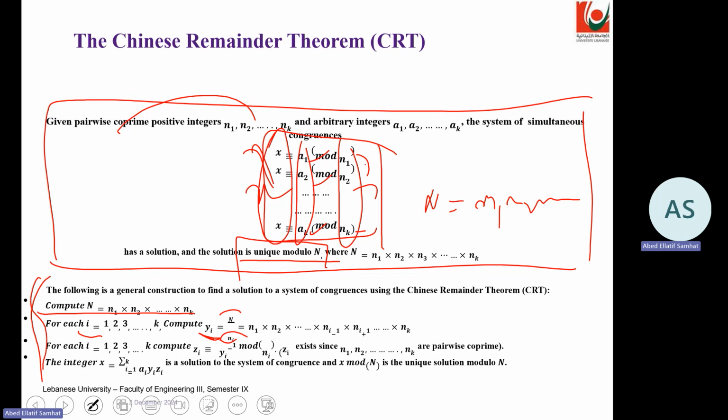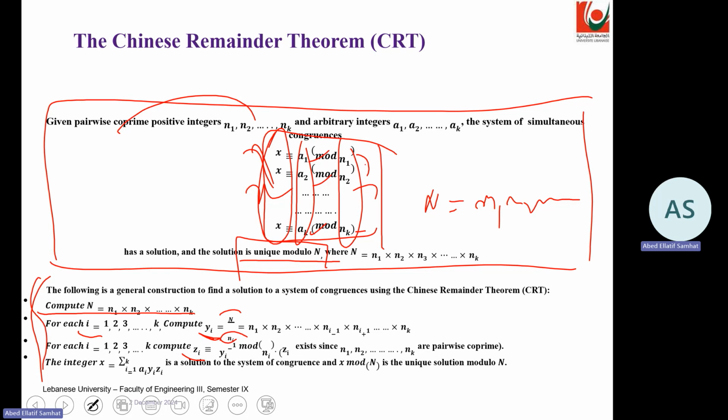After that, you compute zi to be yi to the power minus 1 modulo ni, which is the inverse of yi modulo ni.